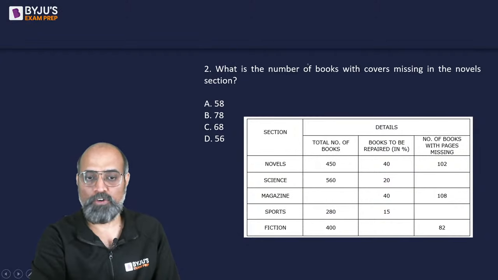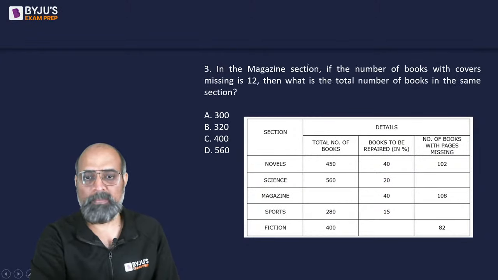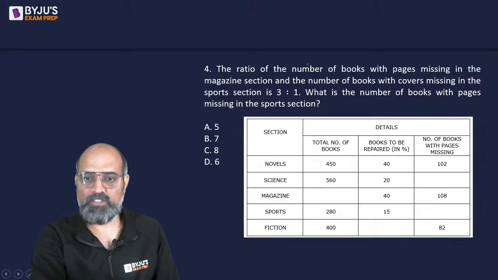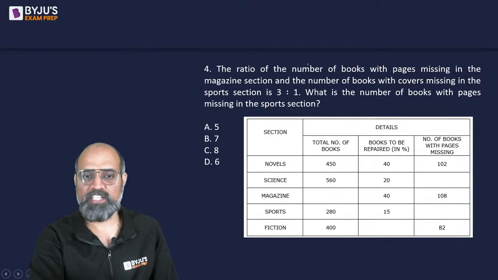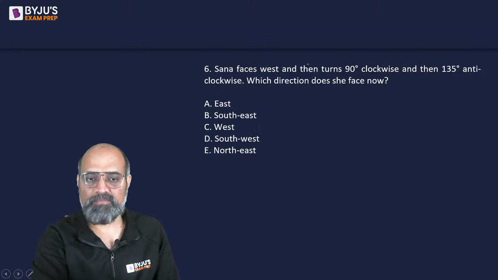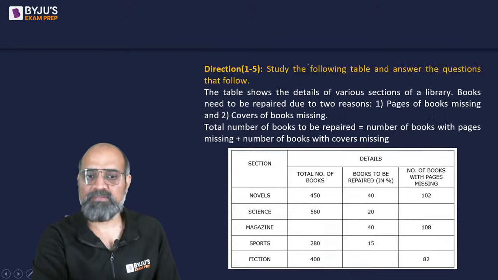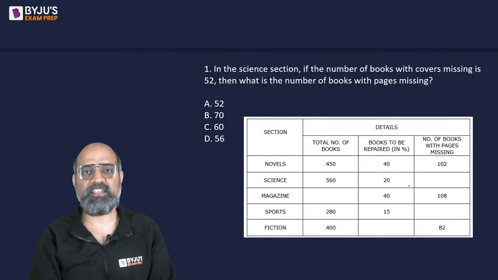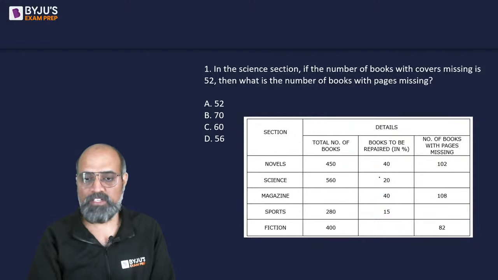The next one talks about novels. The next one talks about magazine. And the last one talks about sports section and magazine section, and so on. So there is nothing wherein we have to fill the table.